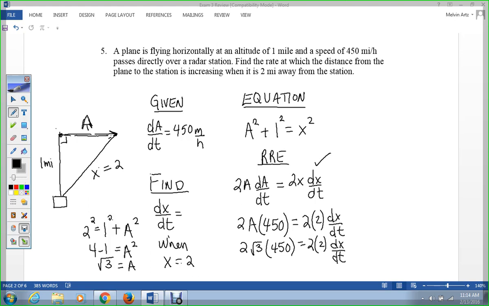And that would give us, and I'm just going to round to the hundredths, and then you could divide by 4. So dx dt equals 389.71, and that will be miles per hour.